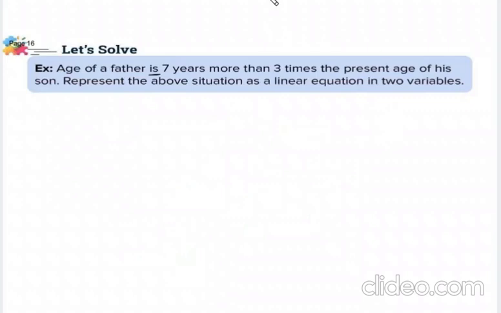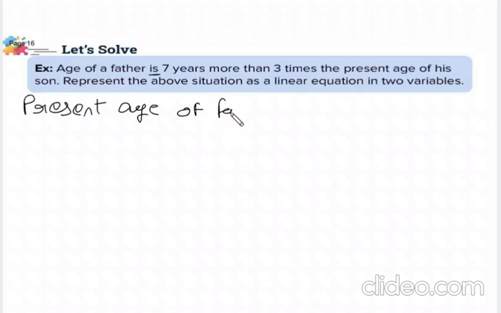So we need variables. Let's say the present age of the father. We do not know, we will take variables for both of them.